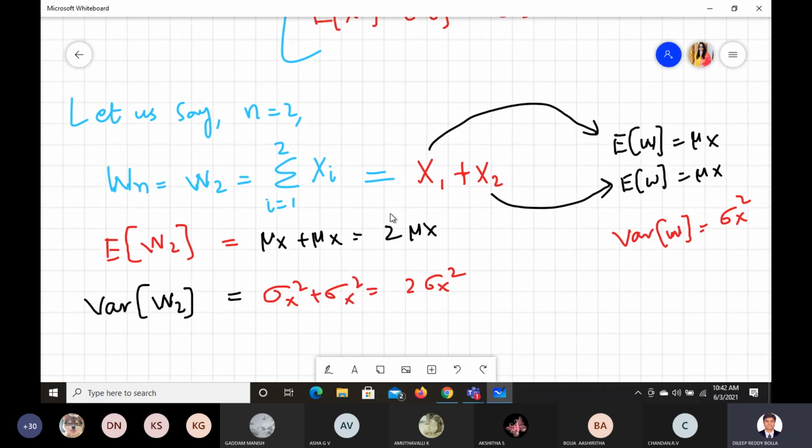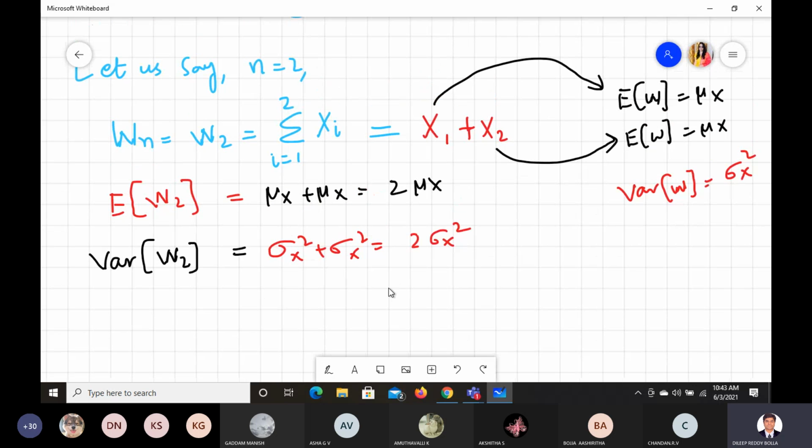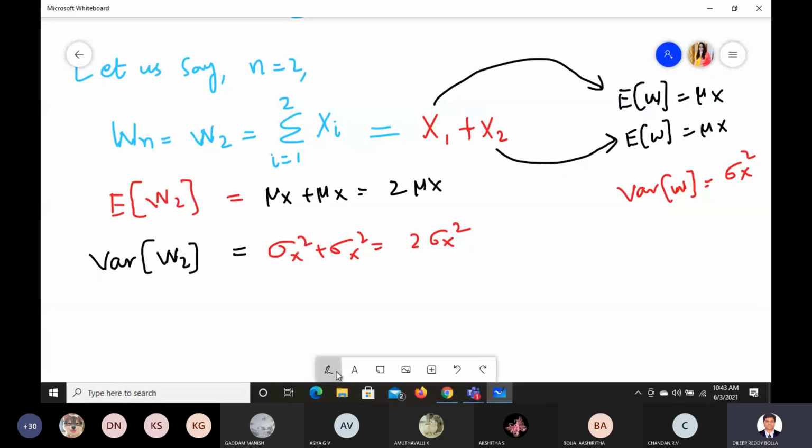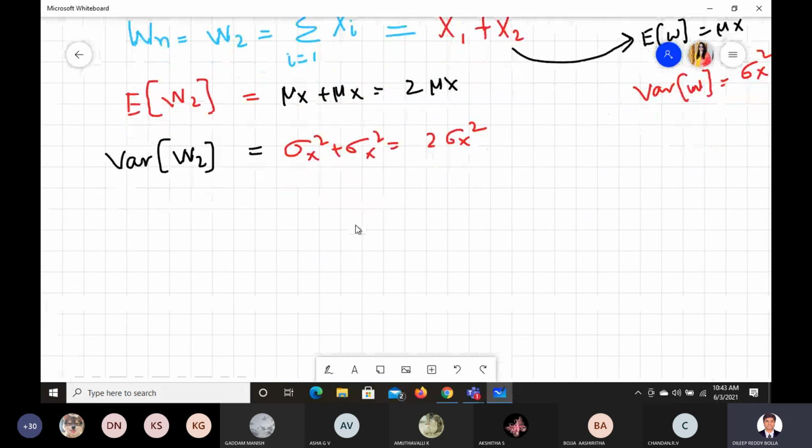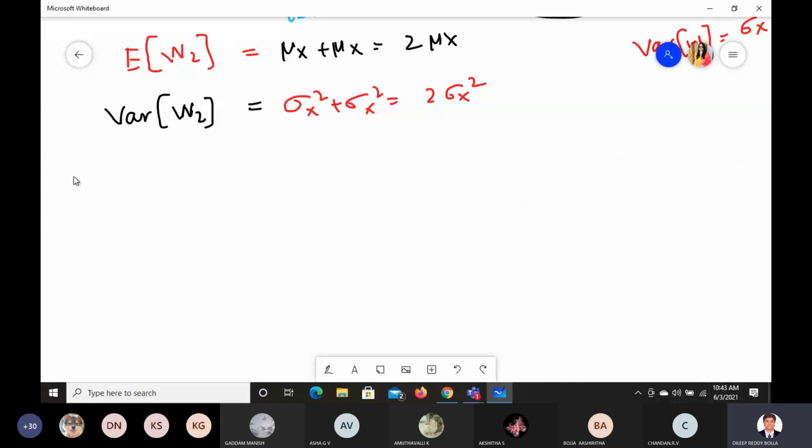Now you tell me. I'll replace the same example, I'll replace this value of n. This value of n is 2, right? I'll make it 3. You should be able to tell me what is happening now. Let us say the value of n is 3. Then what is W3?